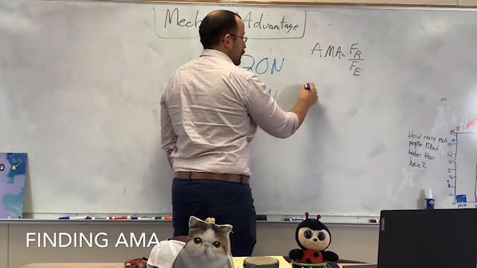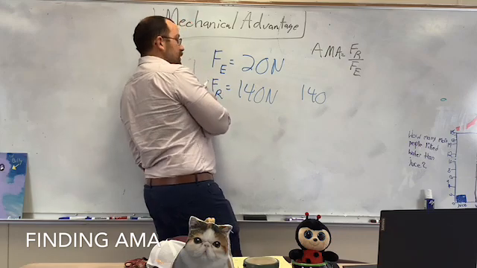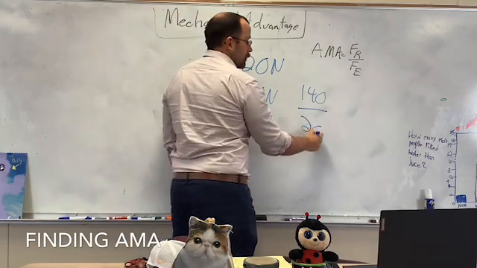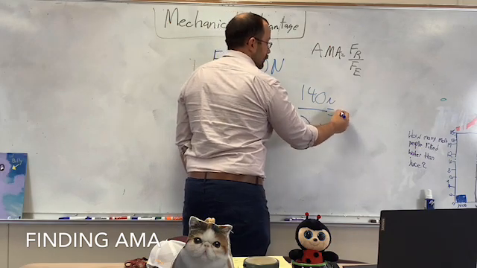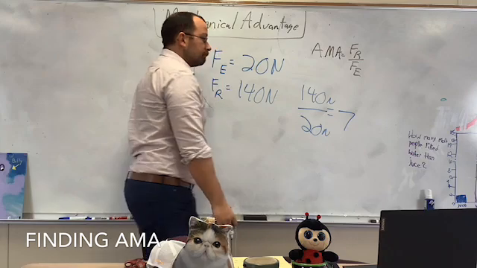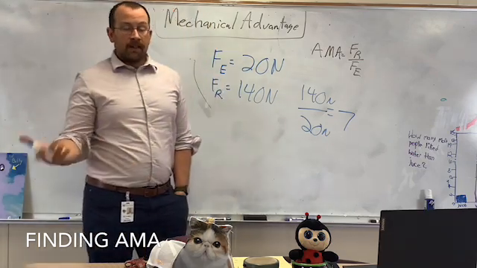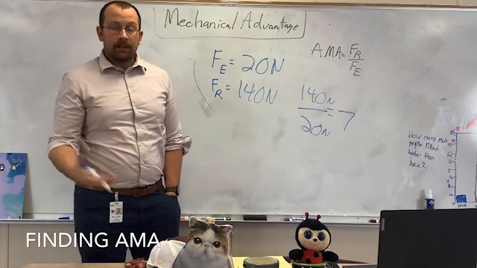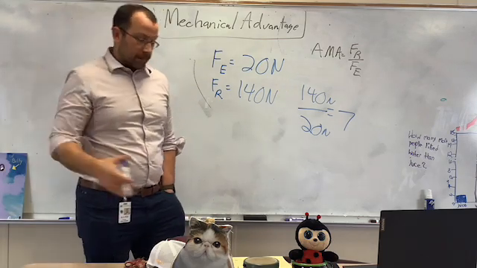That gives me 140, my resistance force, over my effort force, which is 20. I divide them and I get 7. So my mechanical advantage is 7. That's basically it.